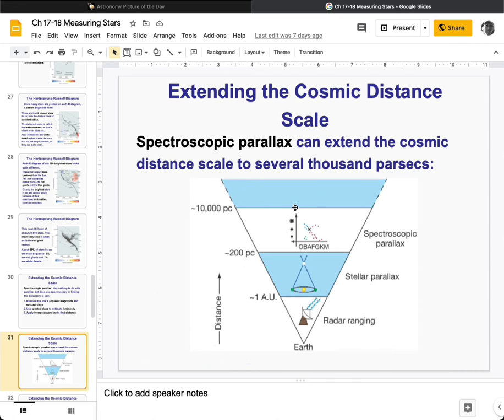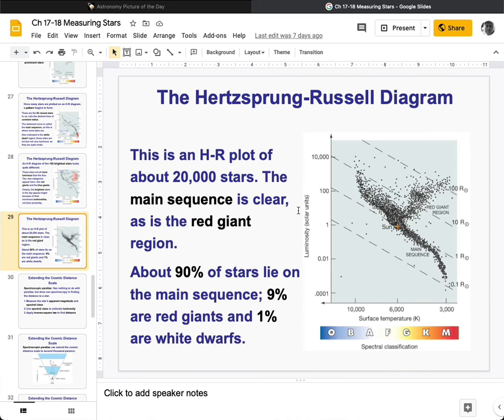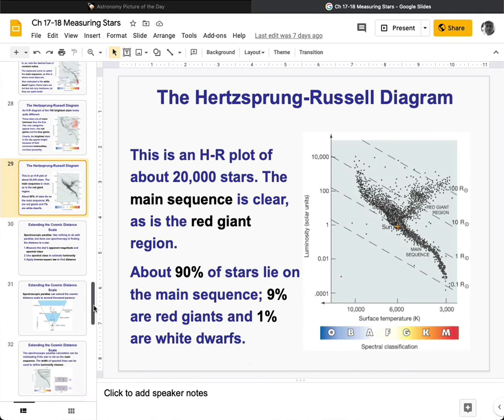And once we get out of the local group of galaxies, we're going to need another rung on this ladder. So this will come up again, but spectroscopic parallax is where you use the HR diagram to estimate the luminosity. And once you have the luminosity, you can use 1 over r squared, not to get the size of the star, but to get the distance. Remember, luminosity varies as 1 over r squared.